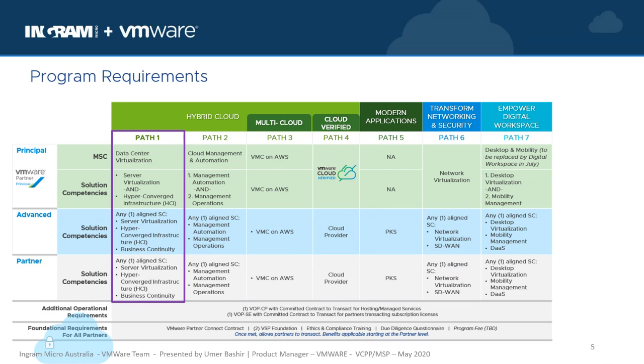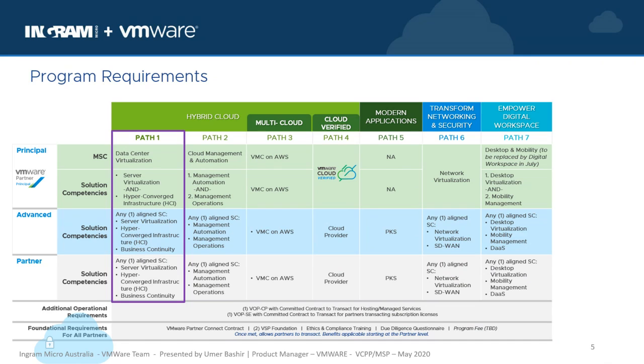One of the key things, especially from a cloud provider perspective, is that you need to have, apart from other technical bases, for example VSP foundations and certification levels, a VOP-CP. That's called VMware Operations Professional Cloud Provider. That is an accreditation that you need to have in order to be a part of the cloud provider program, or VCPP in general.